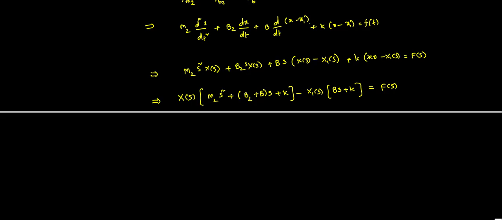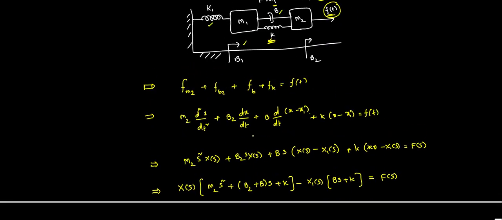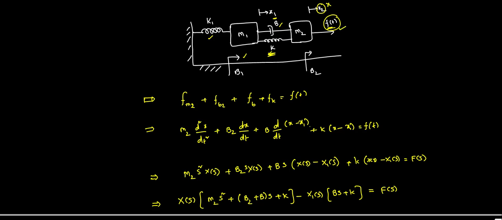In this scenario, you are giving f of t as an input here, and the total x is the displacement that is happening. So this x2 I am writing as x, so that it will not be confusing for anyone. So for the given input, what is the output? Our intention was to find out x of s by f of s.